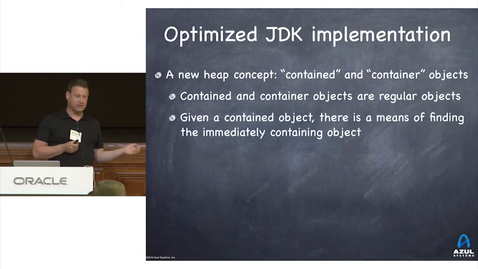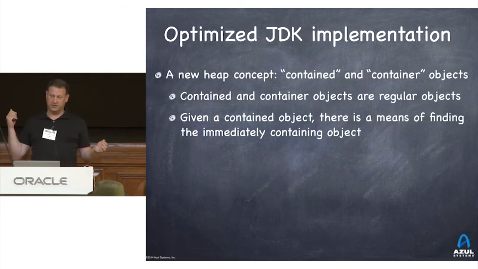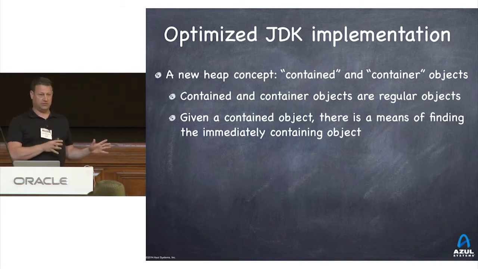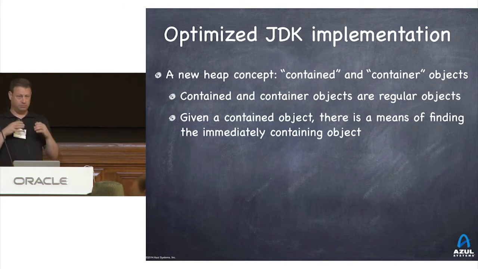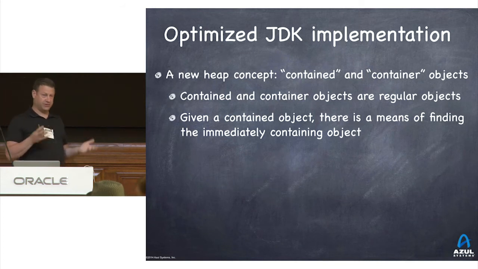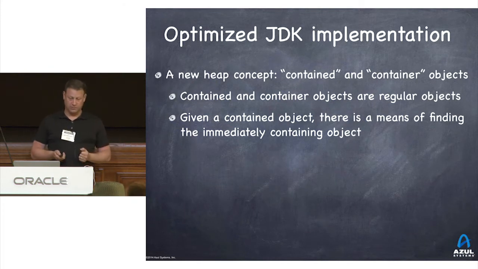And given a contained object, there is a way for the JVM to figure out what the container is. There are various ways to implement this, everything from a back pointer to object start arrays to B trees that map these things and variations on all these. The implementation itself is not very important, but they're fairly easy to do.